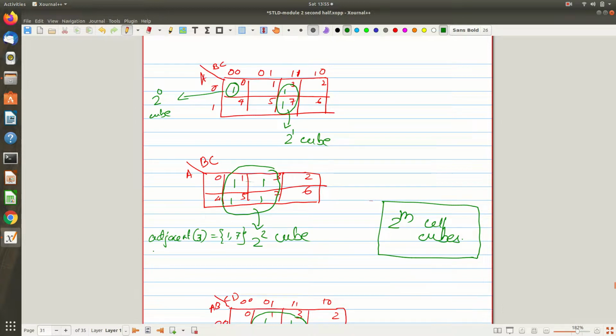This is a bare definition of what is called a cube, not something very important, but I am reminding you this is how we did this grouping. Cell number 5, according to this particular grouping, is adjacent to cell number 1 and cell number 7.